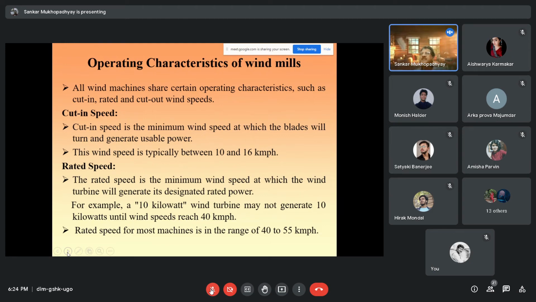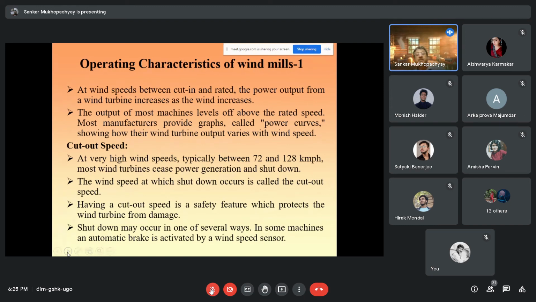Otherwise, on what basis have you designed it? So that is the rated rating. For example, a 10 kilowatt wind turbine may not operate at 10 kilowatt until the wind speed reaches 40 km per hour. Rated speed for most machines is in the range of 40 to 55 km per hour.